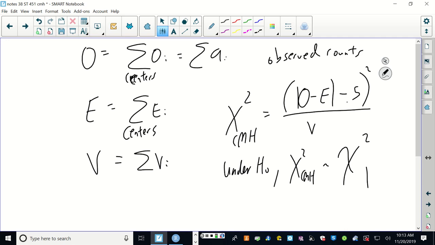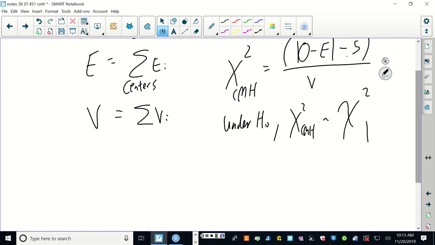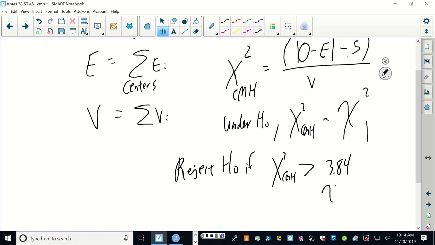And so we're going to reject the null hypothesis of independence if this statistic value is large enough. We reject H0 if this statistic is greater than the 0.95 value. This is the chi-square 1, the 95th percentile. So if it gets greater than that value, we're going to reject the null hypothesis and conclude that the variables are related.